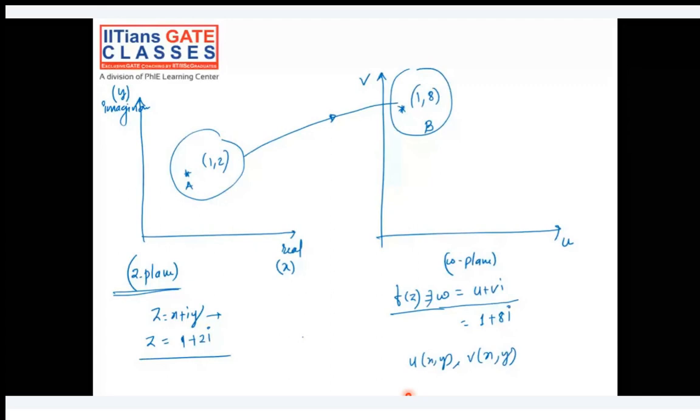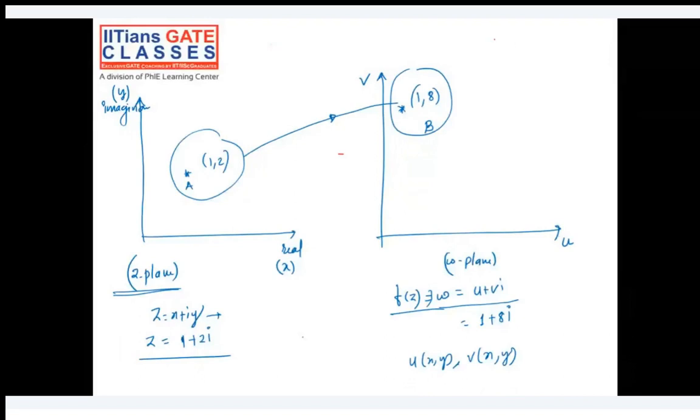I'll use a red pen here to draw it. Suppose this is our x, and this is your f of x. So y is equal to f of x is like this, and maybe something like this, right? So this is f1 of x and f2 of x, for example.